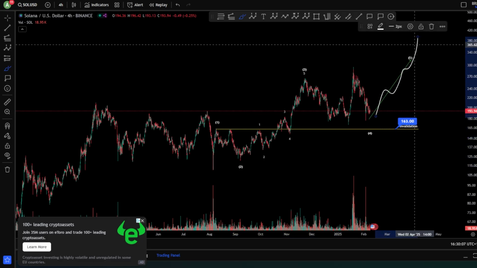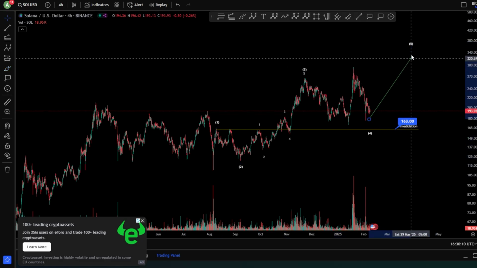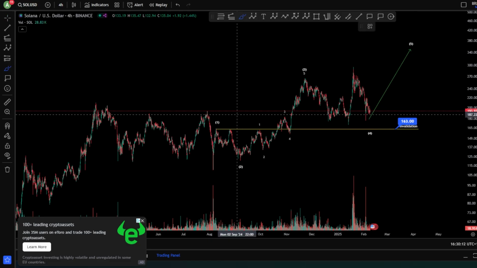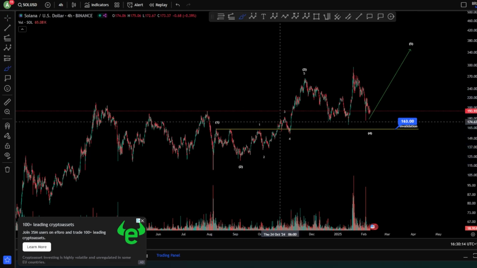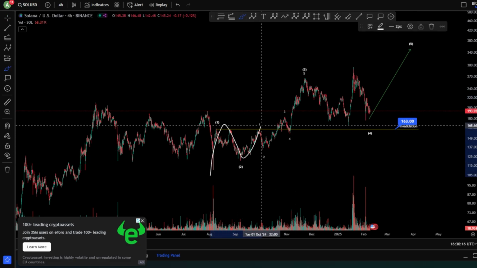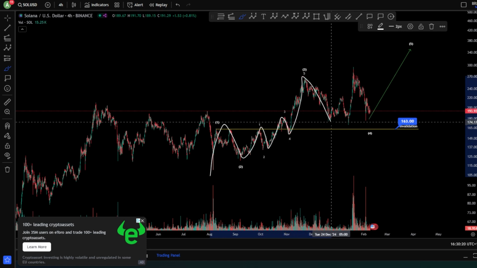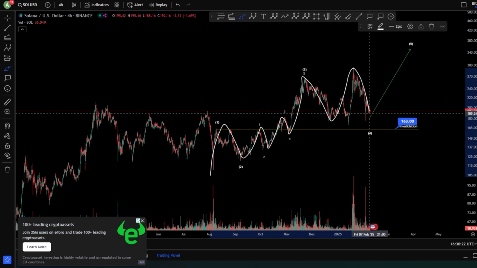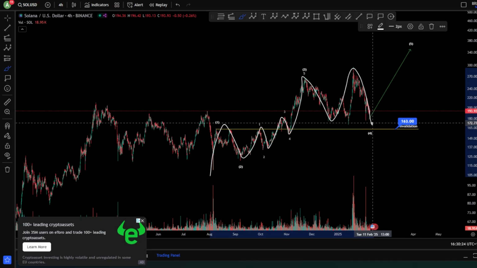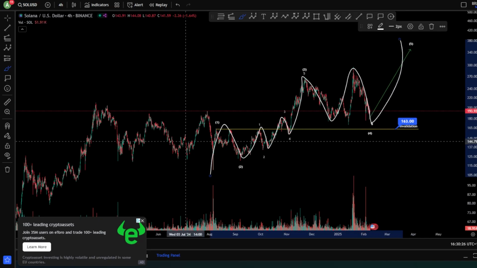It can be an impulse moving towards the upside. This still looks like a very expanding diagonal for a wave 3, and probably this might be your A, B, and C for a wave 4, and then one more wave 5.